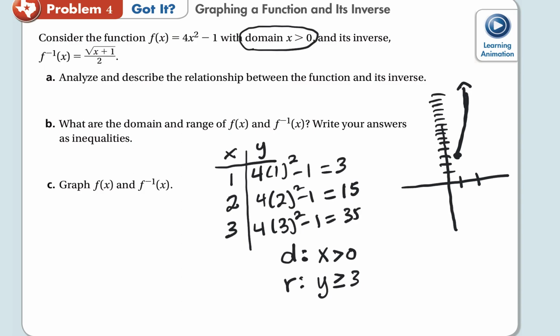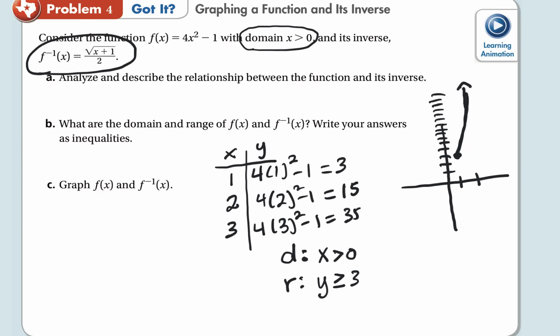So based on our last example, what do you expect for the domain and range of the square root to be? So this is the inverse right here. They give us the inverse. So you expect for it to be switched.